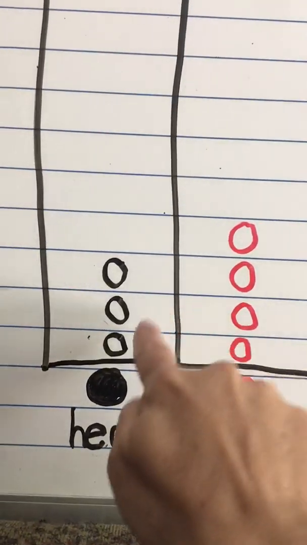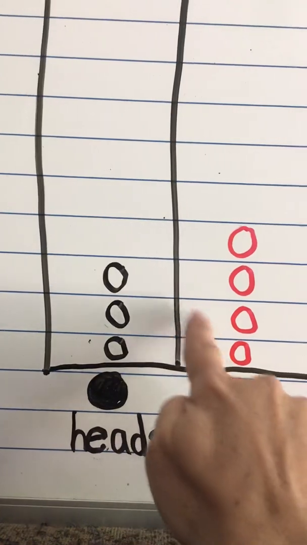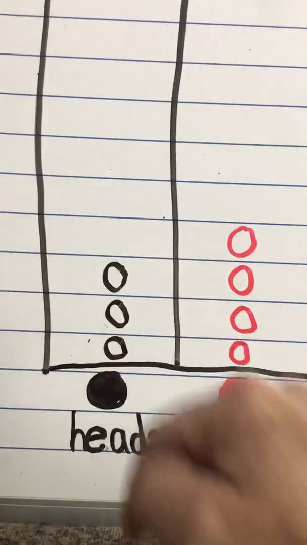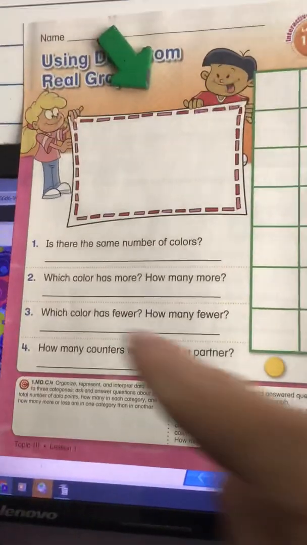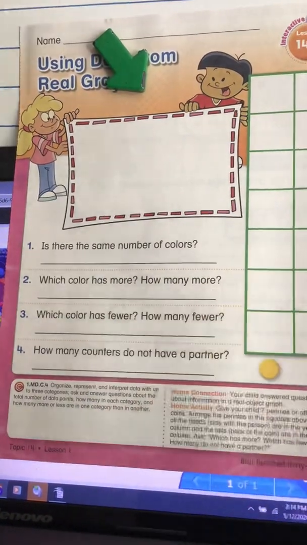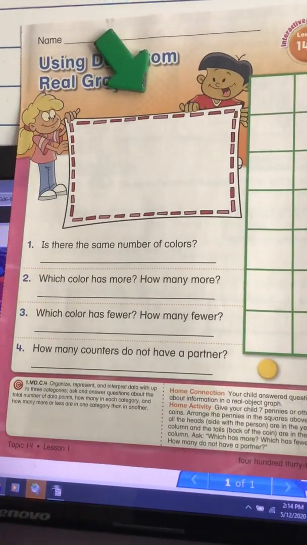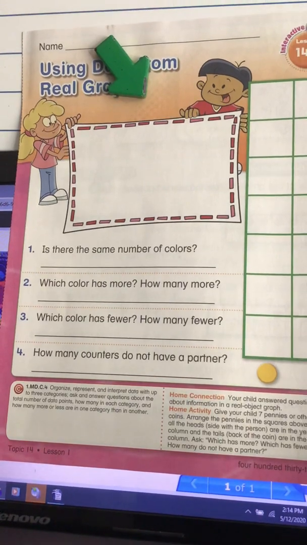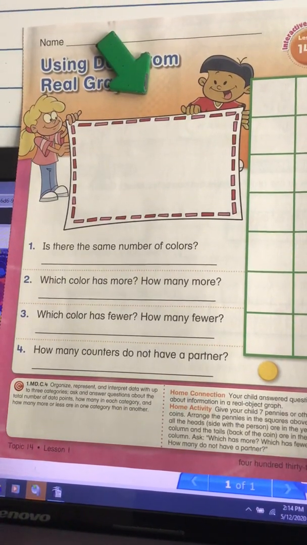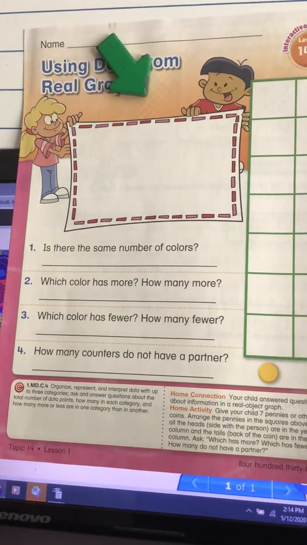So we've got same, same, same, and then 1 less or 1 fewer. And again, we're writing that number 1 on the line. So for number 3, you should be writing heads and then number 1. Again, you can hit pause if you need some more time to work on that.